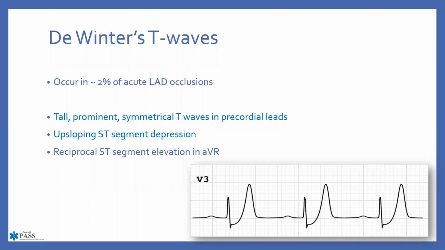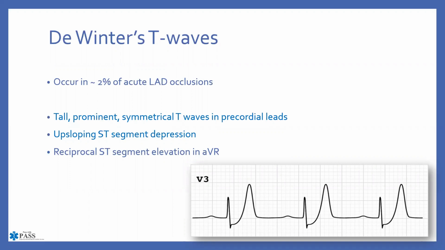Inferior wall MIs, most of the time, are going to be your patients that look very, very sick, right? They're pale, they're cool, they're ashen, they're diaphoretic. Those patients, a lot of times, if you can get them to appropriate care in a short amount of time, are going to end up doing fine. So don't let these anterior or De Winter's T wave patients fool you because you think that they look stable. They are not necessarily stable, and they will go into cardiac arrest pretty quickly.